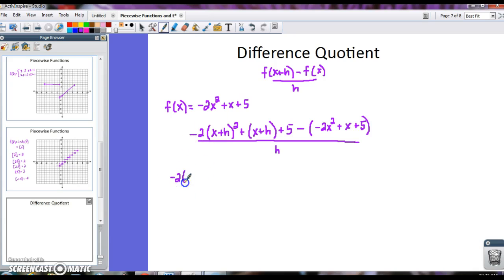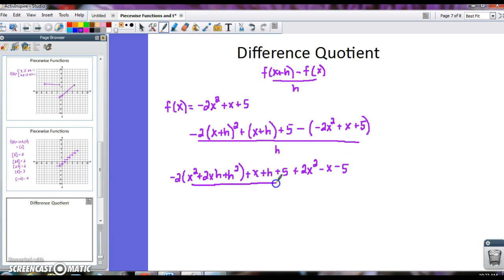So now I'm just going to go through and do that out. So I have negative 2. If I expand my binomial, right, I have x squared plus 2xh plus h squared, plus x plus h plus 5, plus 2x squared. Now I'm going to distribute this negative, minus x minus 5.